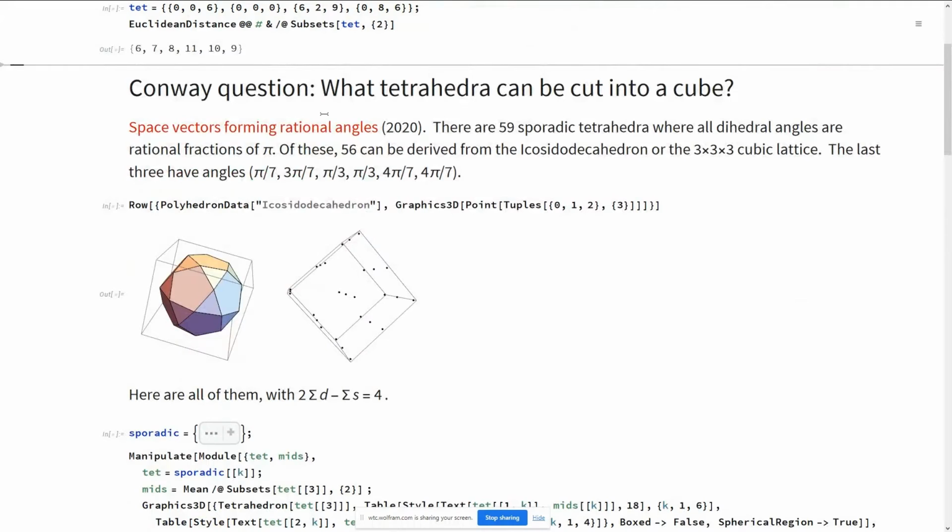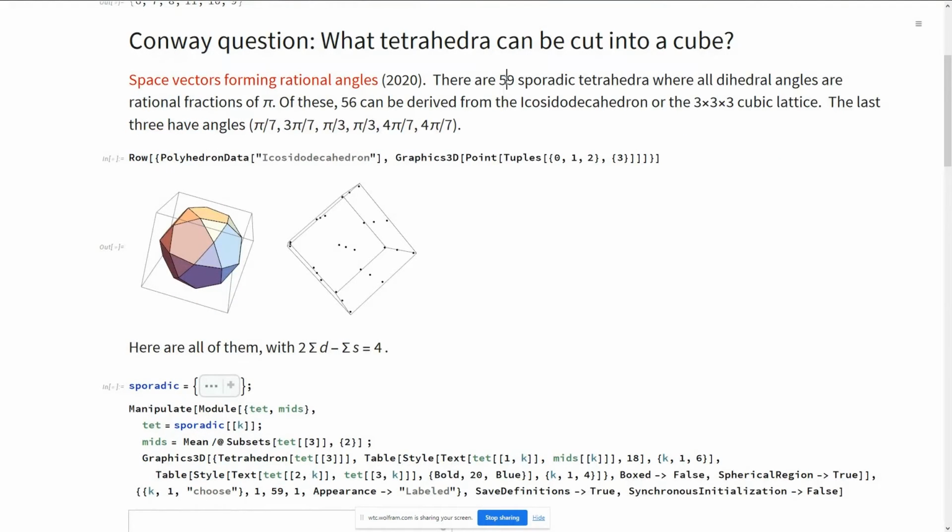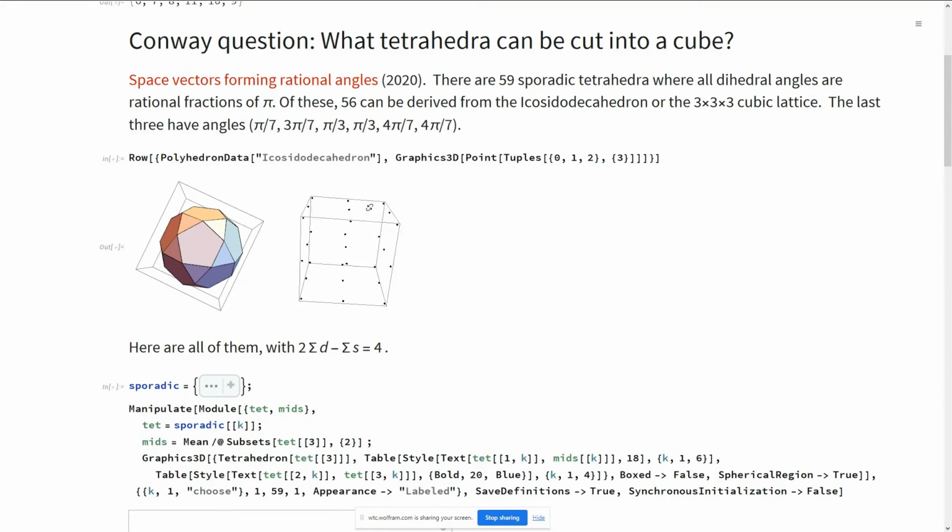And it turns out this question was answered just a few years ago with this paper, Space Vectors Forming Rational Angles. And it turns out there are 59 sporadic tetrahedra that have this property, and there's also 2 infinite families that are quite limited. But the 59 are all related to either the icosidodecahedron or to the 3x3x3 cubic grid.